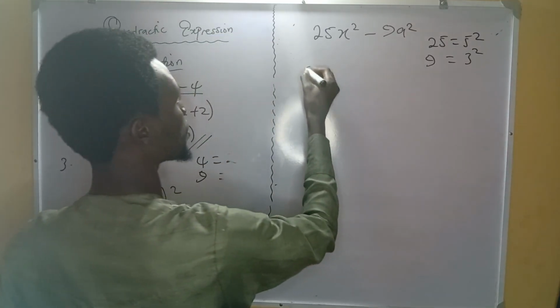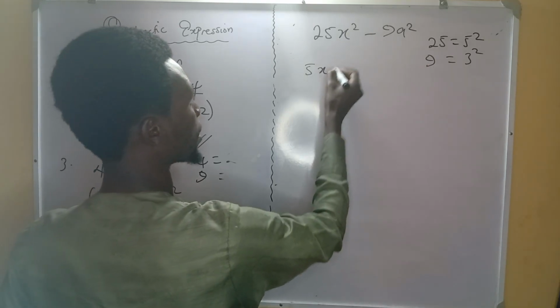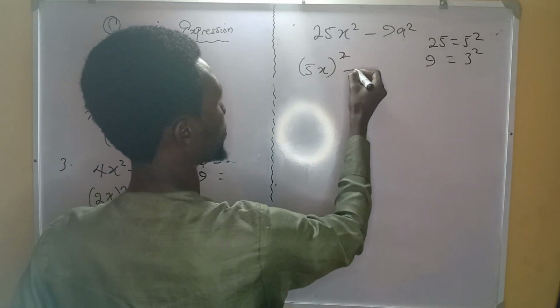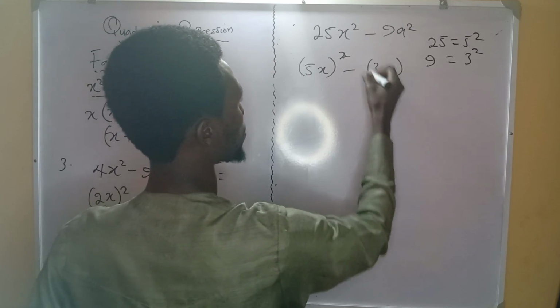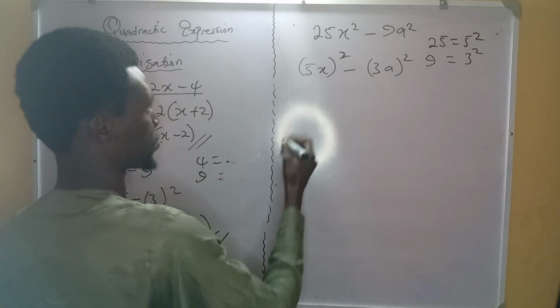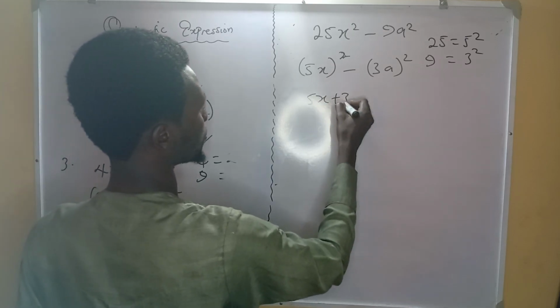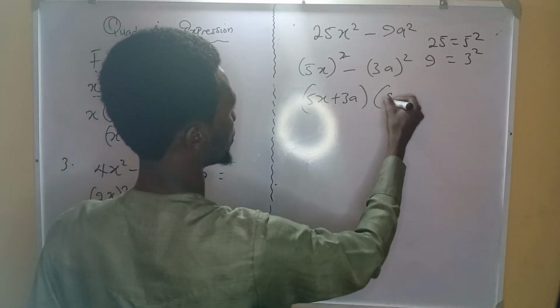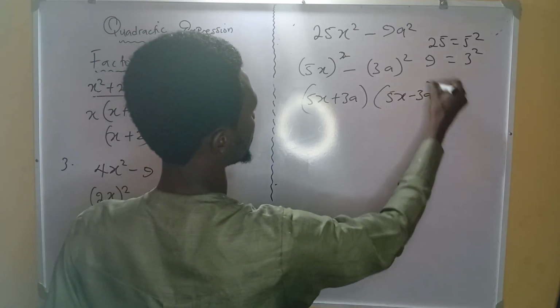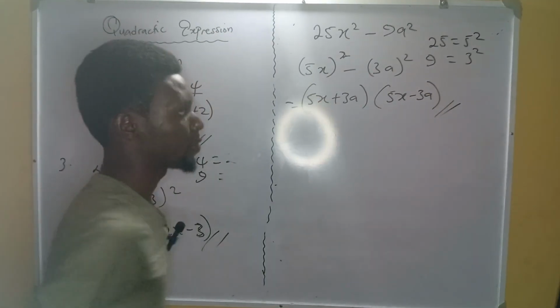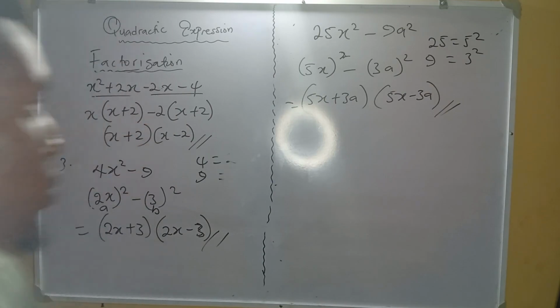So what you have is 5x all squared minus 3a all squared. So using that rule, you have the sum and the difference. So you have factorized that expression. You have finally factorized that expression. It's as simple as that.